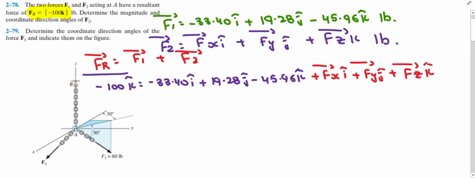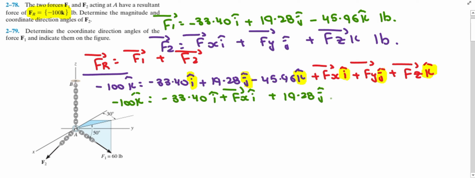And you don't need to write down the unit here. Okay, so write i with i, similarly j with j, and lastly k with k, so that you will get negative 100 k, which is equal to negative 33.40 i cap plus Fx i, similarly plus 19.28 j cap with positive Fy j, similarly negative 45.96 k with positive Fz k.